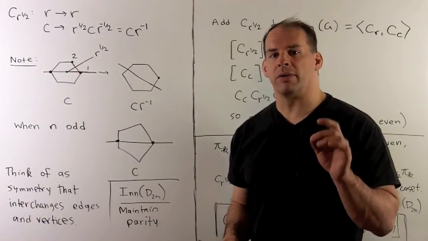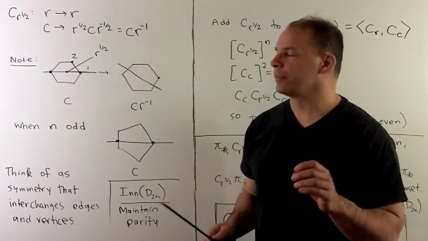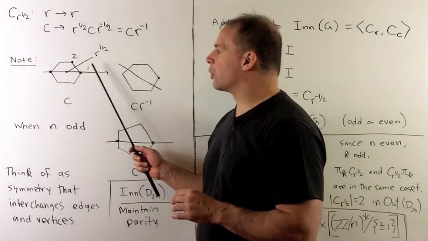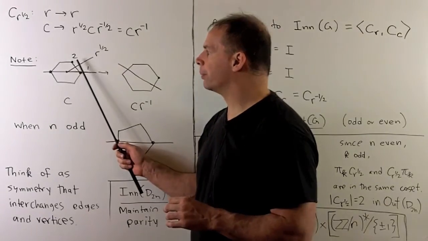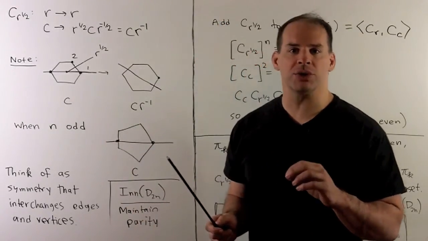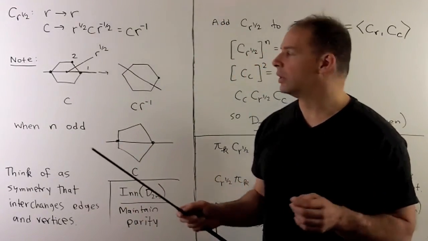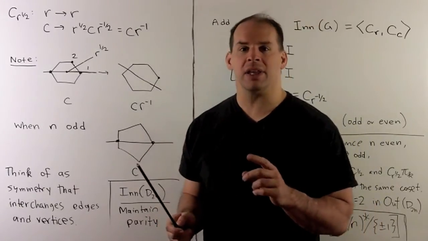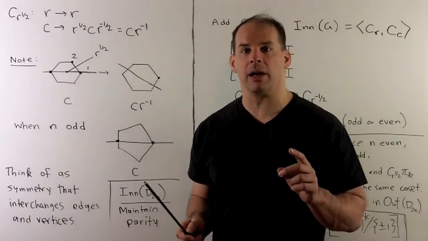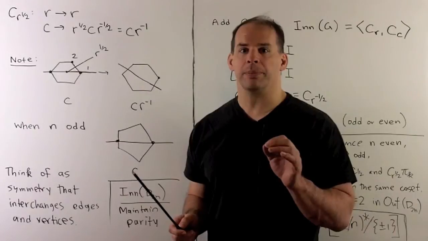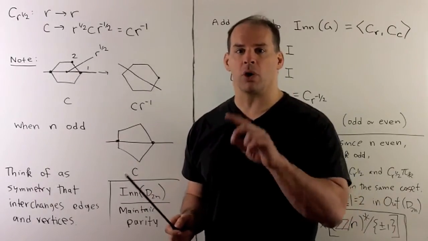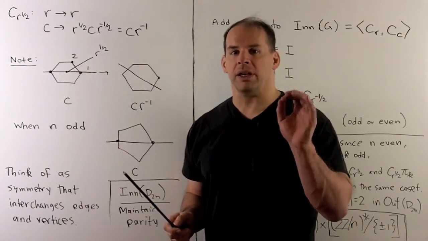Let's consider the square root of R, R to the 1/2. If R is the rotation that carries 1 to 2, then R to the 1/2 is just going to use half the angle. You'll note R to the 1/2 is not a symmetry of the regular polygon. It's not supposed to be. It's supposed to be an automorphism of our group. What's happening here?